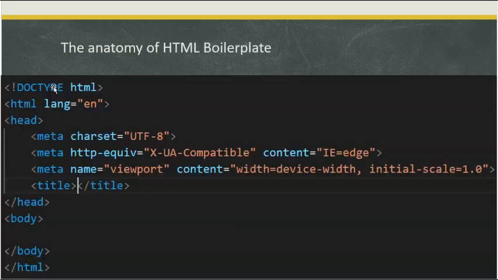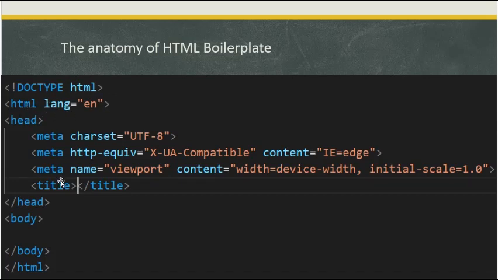So this is a real example, which is the anatomy of HTML boilerplate. This is the boilerplate that has been generated by Visual Studio Code. So you see we have the doctype at the top, we have html, and it has the lang attribute. We discussed the attributes.